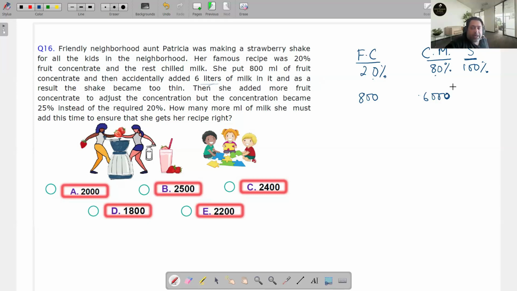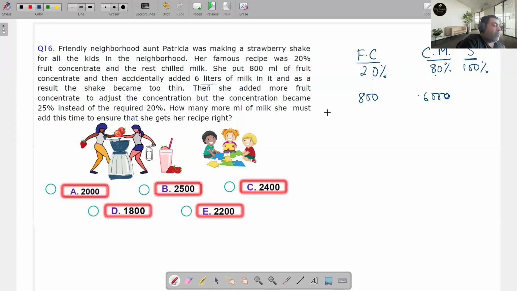Which means the percentage is now very small, because the total amount of the shake is 6800, out of which only 800 is fruit concentrate, which is definitely not 20%. It is much lesser than that. So the shake became too thin.